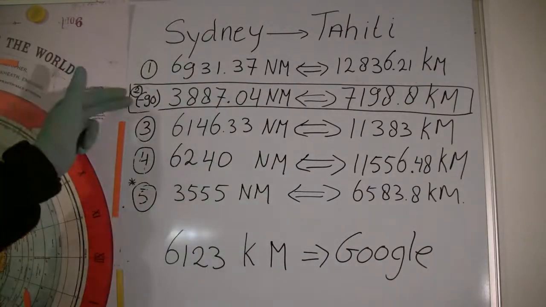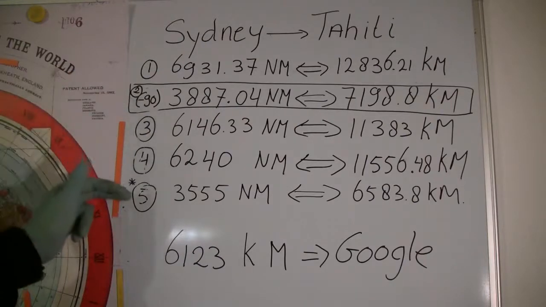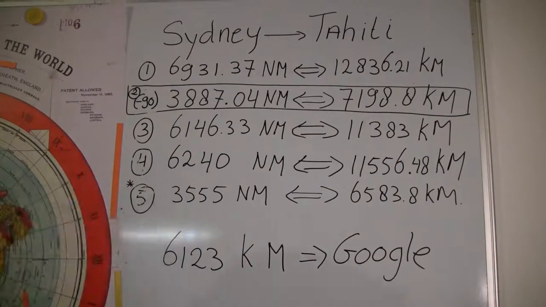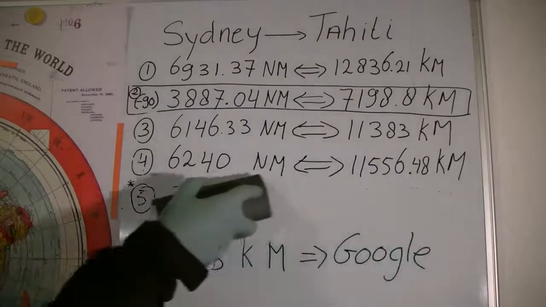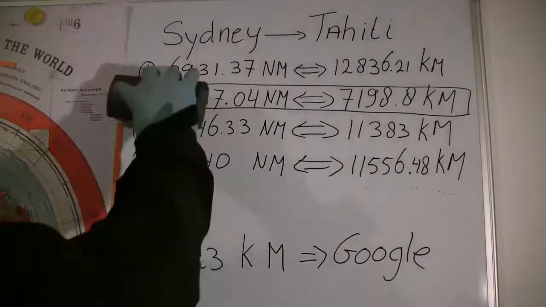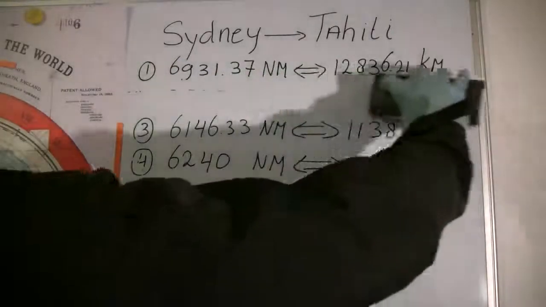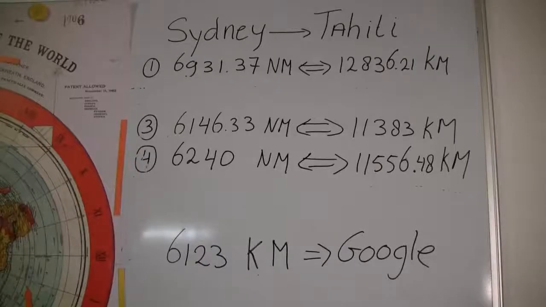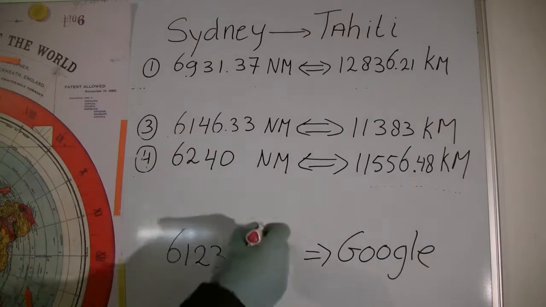The second one, from the minus 90 degrees, is not correct, and the fifth one is also not correct. Let's remove them. And then I realize I can't believe what I'm seeing, and it's not because of the globe.